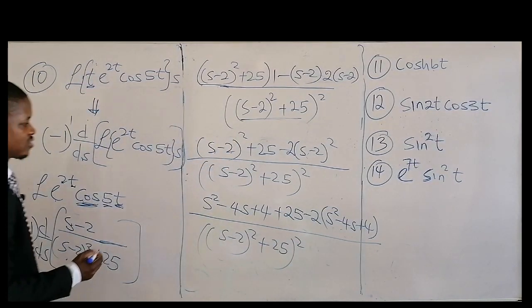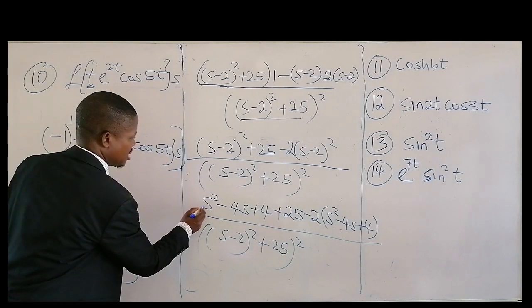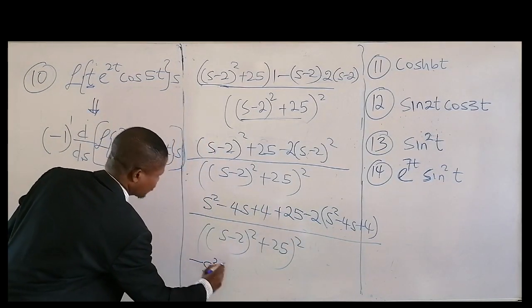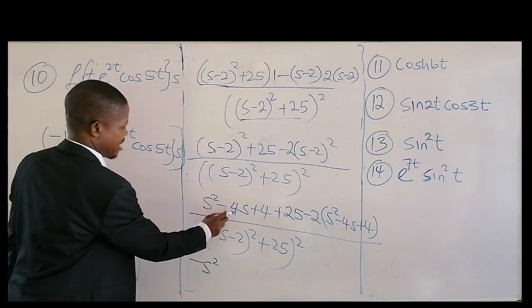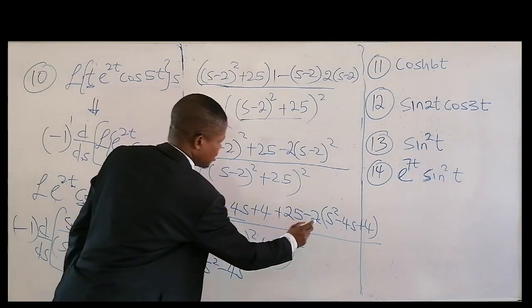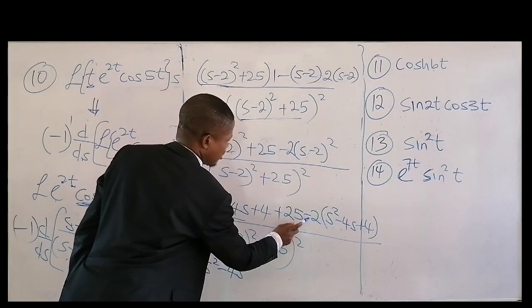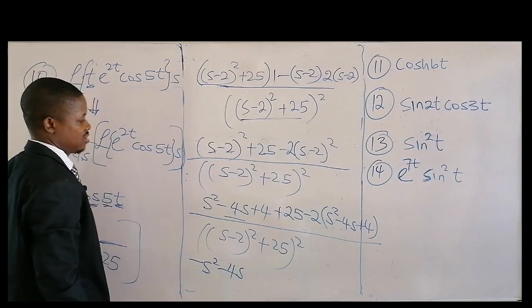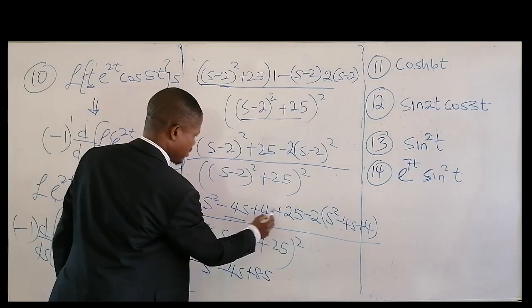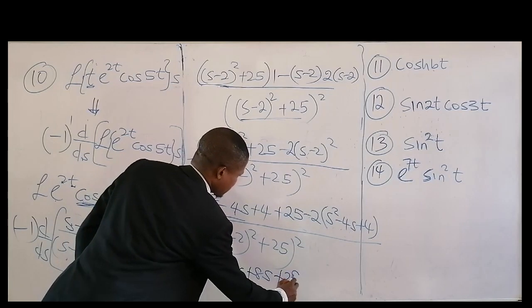So we can open the bracket. We have x squared minus 2x squared, so that's minus x squared. Minus 4x is here. Then minus 2 times minus 4x, that's plus 8x. Plus 4 plus 25, that's plus 29.